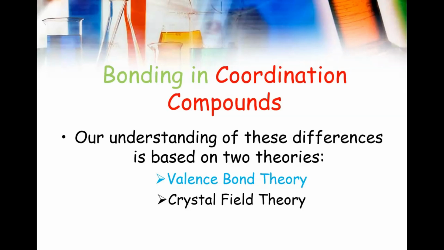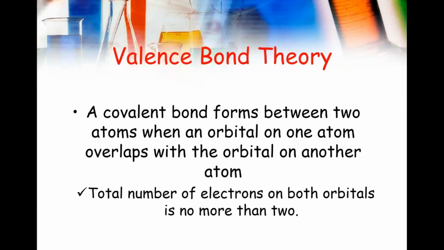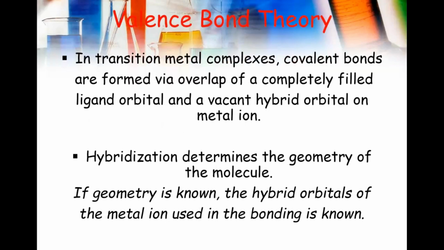In valence bond theory, a covalent bond is formed between two atoms when an orbital on one atom overlaps with the orbital on another atom. The total number of electrons on both orbitals is no more than 2. If we draw the orbital box diagram, each orbital will occupy a maximum of 2 electrons.